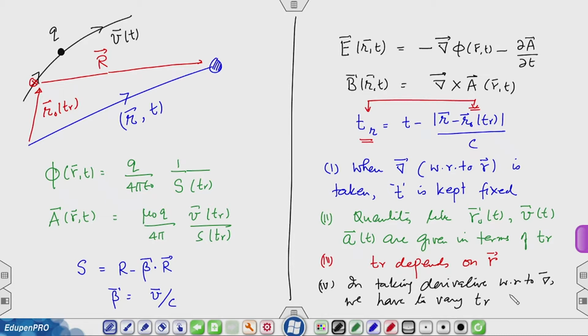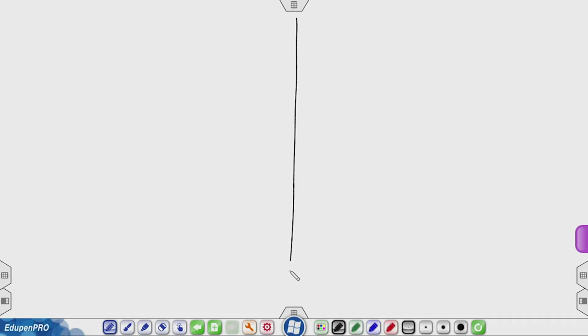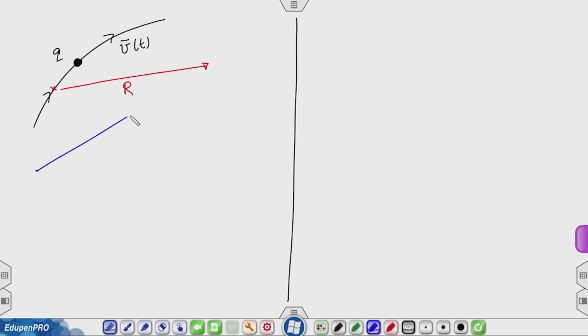So, you see this whole thing is kind of entangled together, and we have to find a way of doing these derivatives properly. Let me explain it through a figure. So, here is the particle, moving with velocity v(t), and from the retarded position you have r, and I have this position of the place at r.